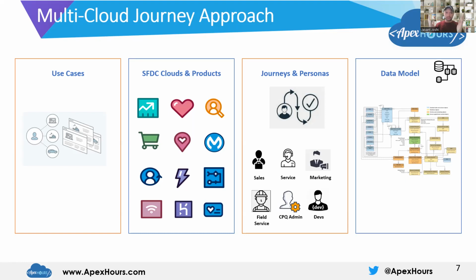So for your marketing needs, you can use Pardot or Marketing Cloud, but then specifically, you can also take Adobe Marketer Connect, right? For your product configuration pricing needs, you can use Salesforce CPQ, but consider a customer which already has SAP CPQ, right? Then you have no choice left, right?